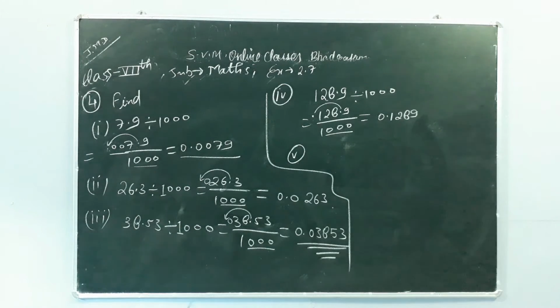Our fifth one is question number 4, fifth part: 0.5 divided by 1000.